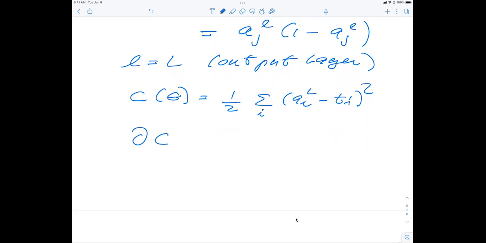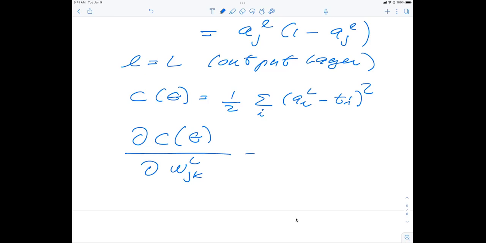Remember that what we are going to do is the same thing which we did with linear regression and logistic regression. We need to calculate the derivative with respect to the parameters, and in our case, the parameters are the weights and the biases. So what we need is a derivative with respect to the weights w_jk^L.